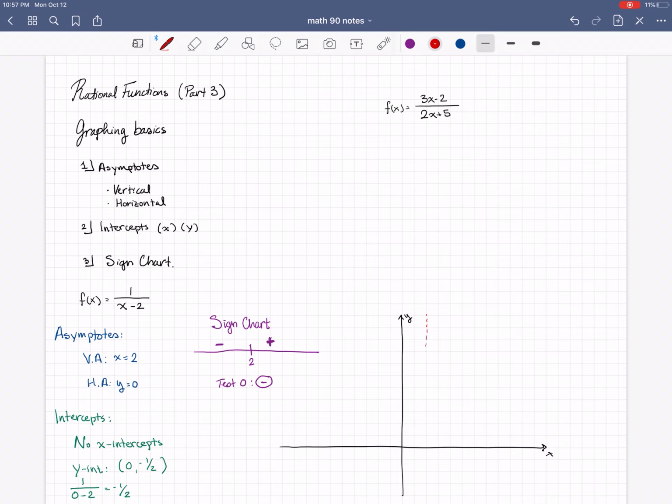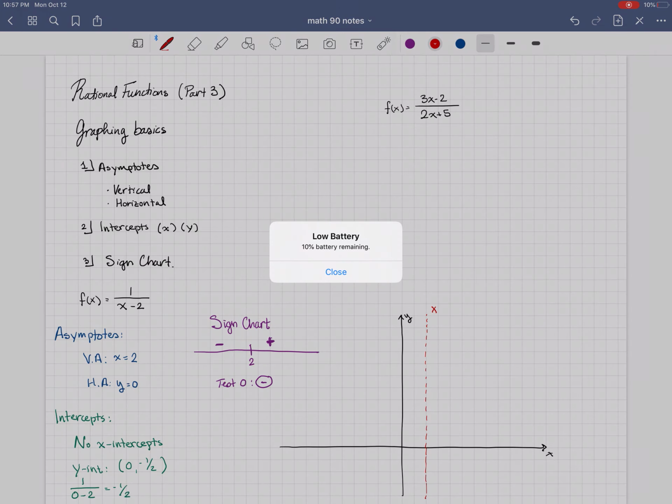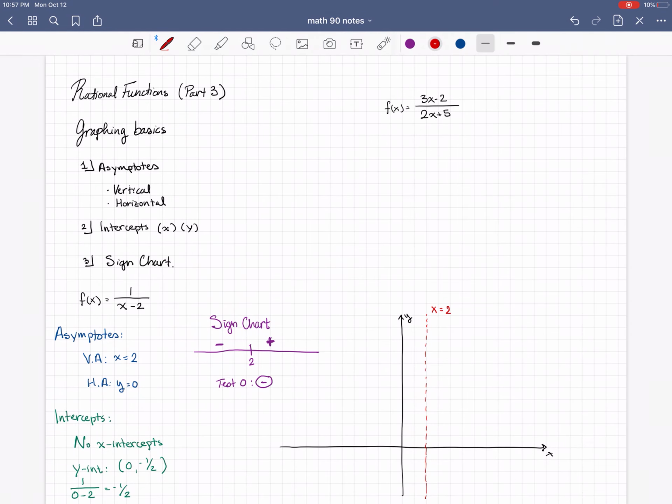So I'm going to say this is the vertical line, x equals 2. Okay, now my horizontal asymptote is the line y equals 0, which is just the x-axis. So it's not really possible to label it clearly in a way that's super visible, but I'm going to do it anyway, and I'm going to say that I've got a horizontal asymptote there.